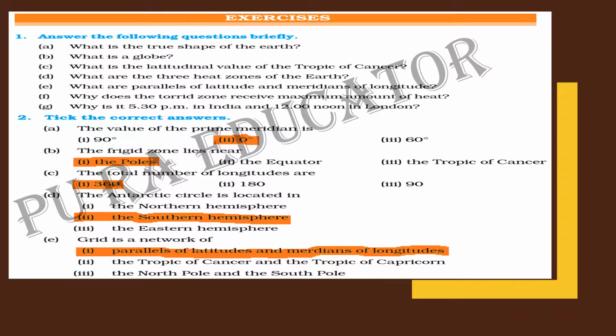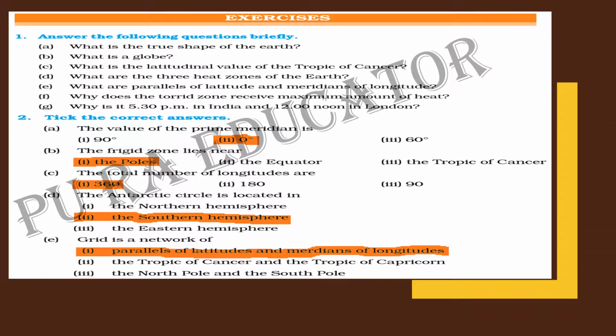First was torrid zone, where there was sun throughout the year. Second was temperate zone, where the temperature was not too hot, not too cold. Third was frigid zone, where the temperature was very cold. So there the life is less as compared to other zones.